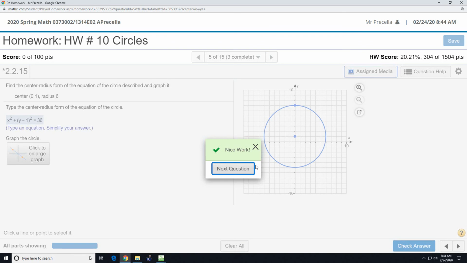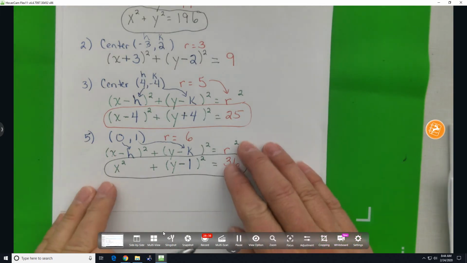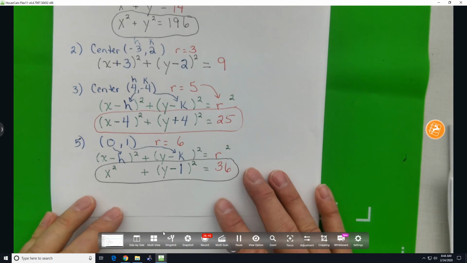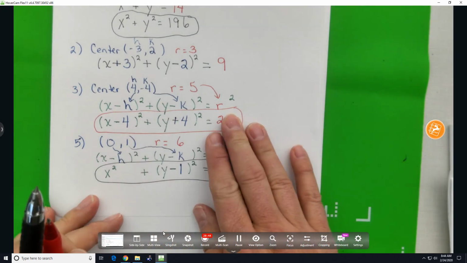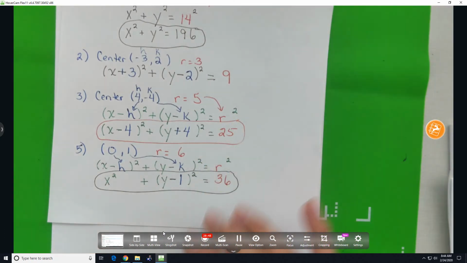Any questions? It's not too difficult to write the equation given the center and the radius. Right? If you're going to graph a circle, you don't need this equation. What you need is that center and radius.